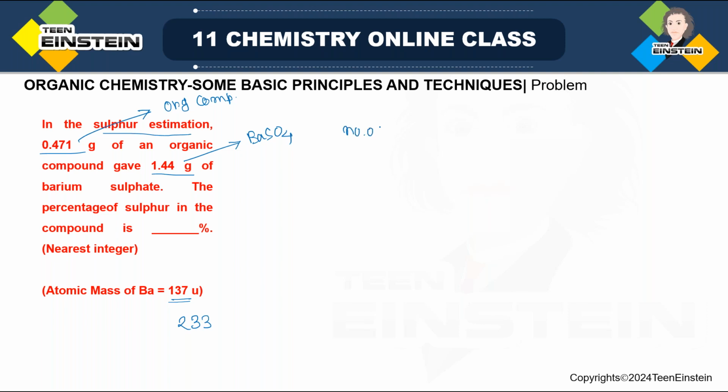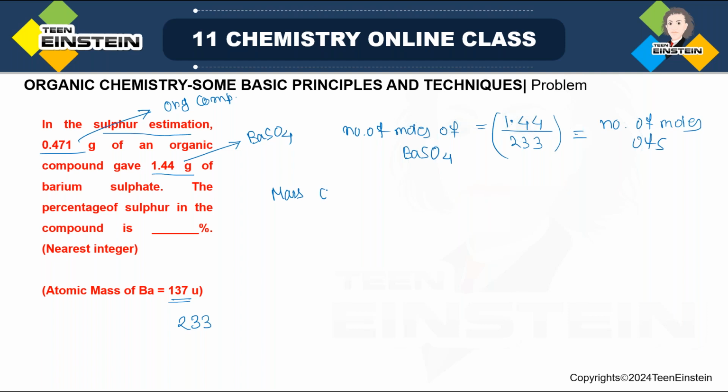So the number of moles of BaSO4 is equal to 1.44 divided by 233. This is also equal to the number of moles of sulfur. Both are the same. Then the mass of sulfur is equal to 32 multiplied by 1.44 divided by 233.